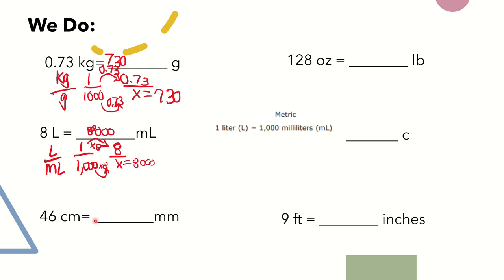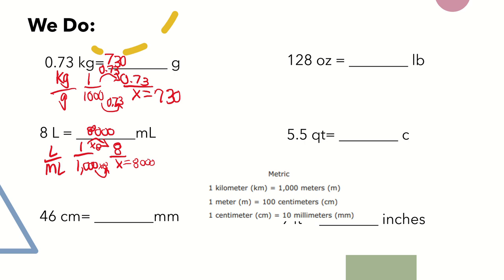Okay, let's try our last metric conversion, and then we'll move to customary. So in this case, again, we're just going to figure out our 2 units, centimeters and millimeters. We need to, again, go to our reference chart and determine what's the relationship between the 2. We know that 1 centimeter is 10 millimeters. Let's write that down.